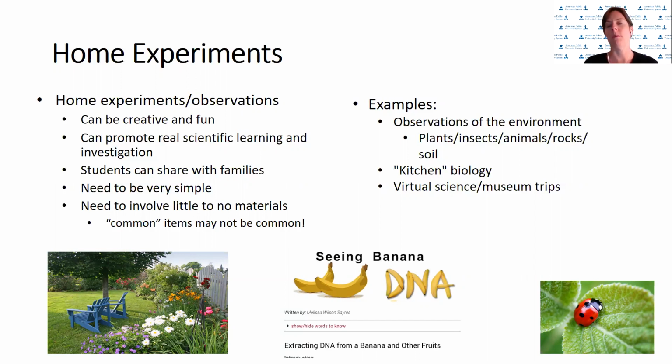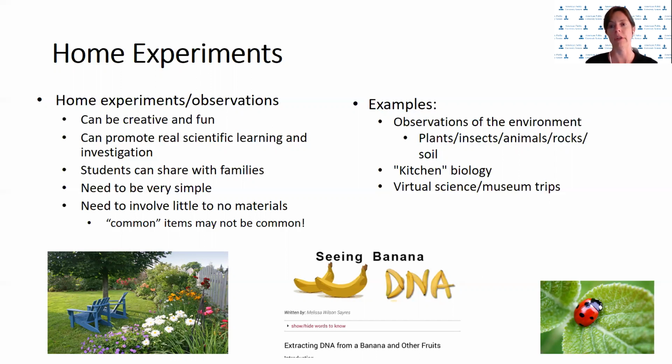If we want to go the complete no tools needed, no materials needed route, observations of the environment are always a great thing. Everyone is still being encouraged to go outside and exercise. So a walk in the park, a walk in a natural area, those types of things, plants, insects, animals, rocks, soil, all those can be observed. There's always the option for virtual science or museum trips.